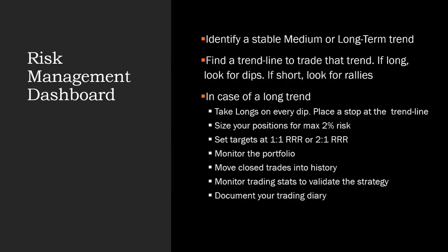We'll size our position for a maximum 2% risk and set targets at either a 1-to-1 risk-reward ratio or 2-to-1 risk-reward ratio. Thereafter, we will monitor the portfolio, move the closed trades into history, and monitor our trading stats to validate the strategy. So we'll go through the last few steps in more detail, and we'll use a spreadsheet to do it. And then I'll show you how we document our trading diary to actually get these stats.